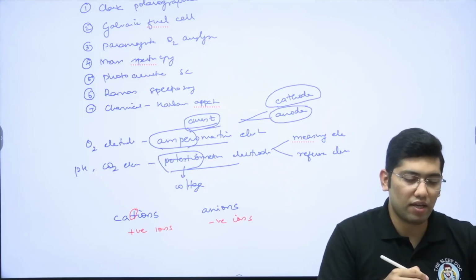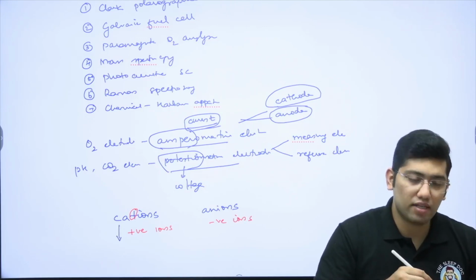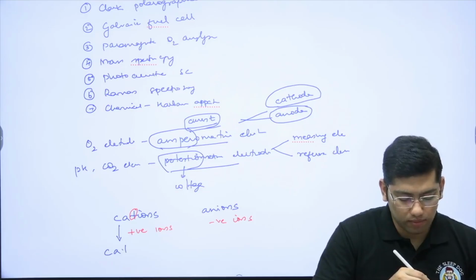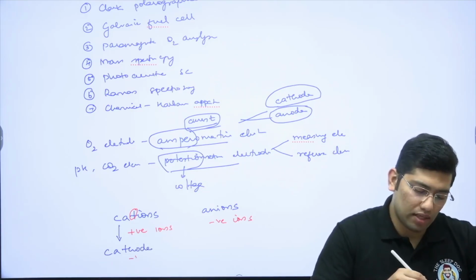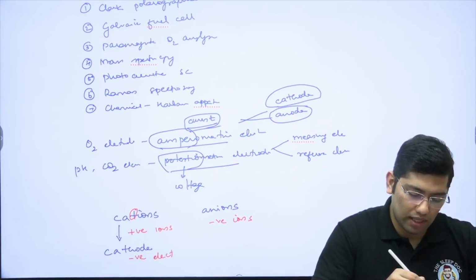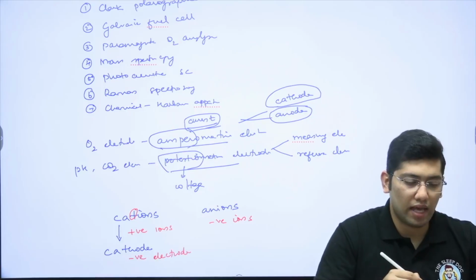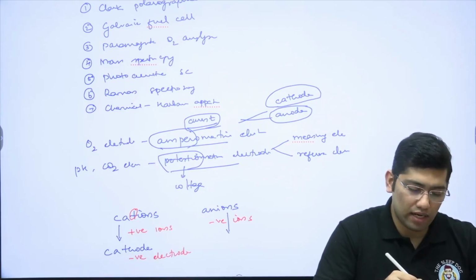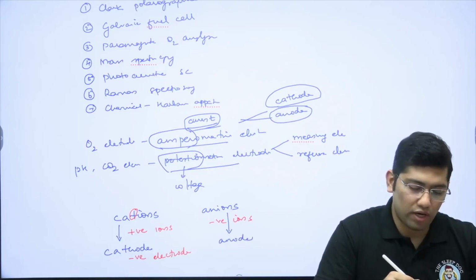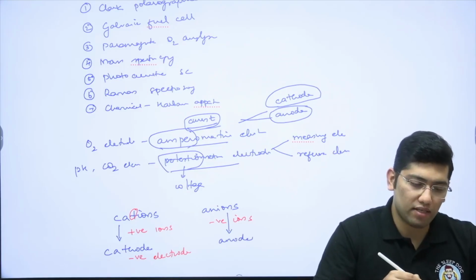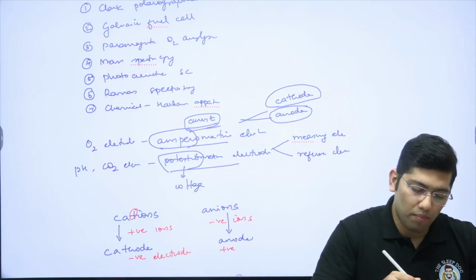Now, cations get attracted to cathode. So, cathode is a negative electrode, and anions, they get attracted to anode. So for negative ions to get attracted, it should be a positive electrode.